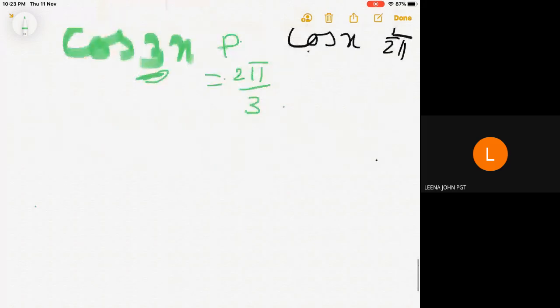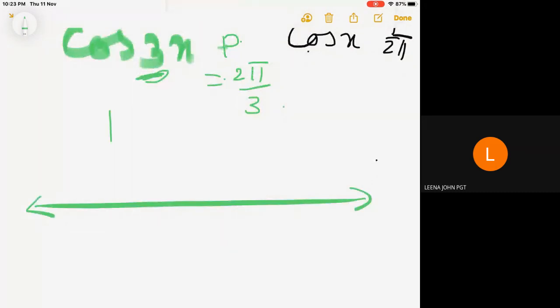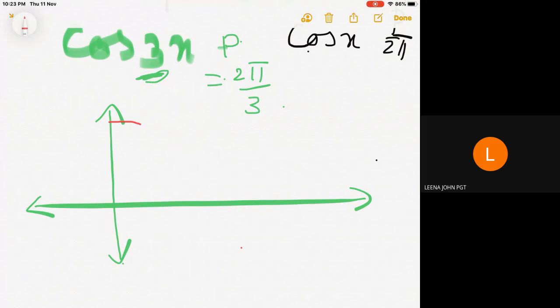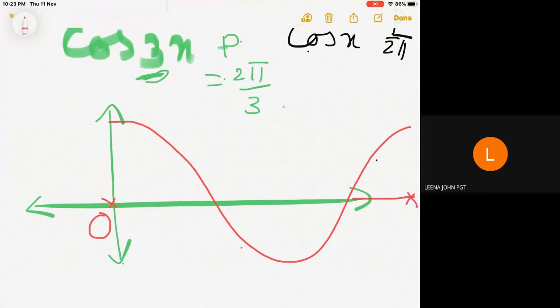So what you need to do is draw the basic graph. The basic graph comes like this. And the period is from 0 to 2 pi by 3.